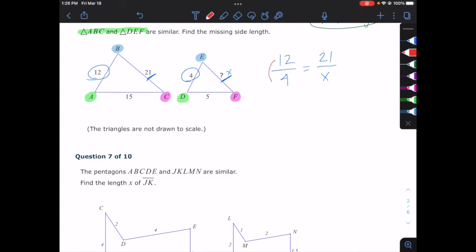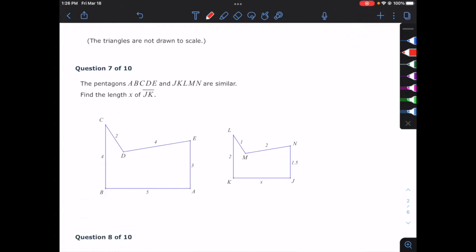To go from 12 to 4, we would multiply by 1/3. So we can apply that same process to the 21. 21 times 1/3 gives X equals 7. And so that is the missing side length that we need for side EF.